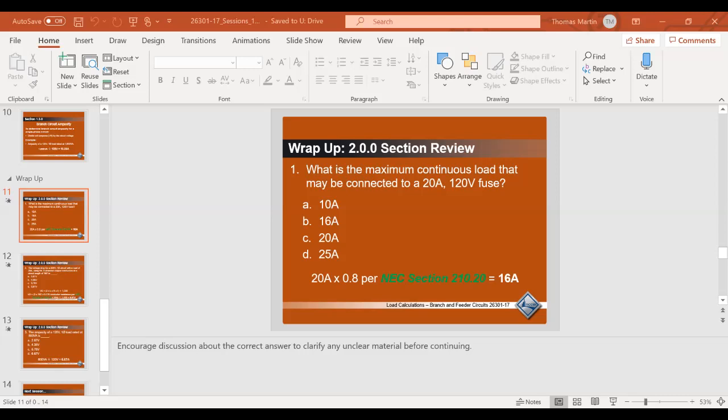Why would we make it to where it only has 80% of the breaker's ampacity for the load? So it doesn't burn up the wire. Absolutely. You're 100% right on that. So we'll make sure that we are rating our wire to where it's essentially 20% greater than the actual demand of the fuse. Because continuous use means that anything that's continuous to use for 3 hours or more.